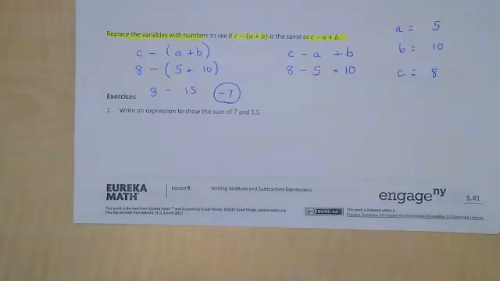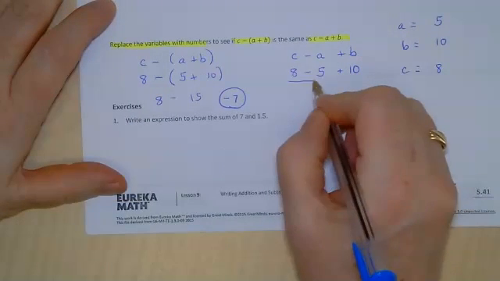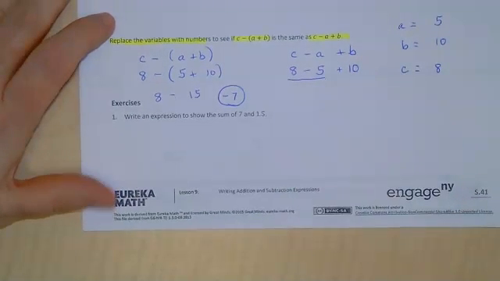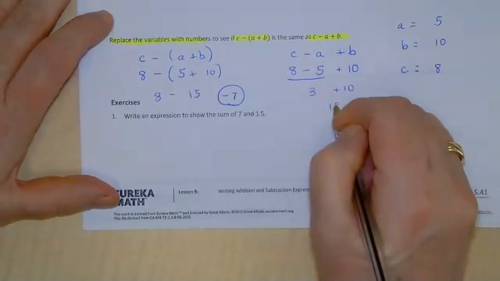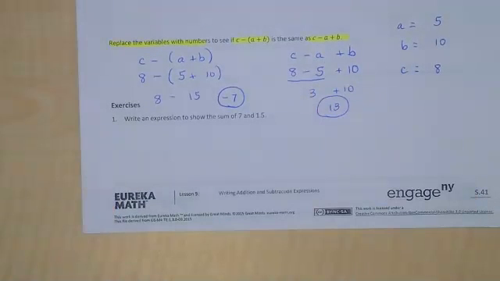Derek? Left to right. So I'm going to do this first: 8 minus 5 is 3, and then 13 and -7. Two totally different answers. But you guys knew that because you've practiced. Anytime you change the order of operations, your number's going to be different.